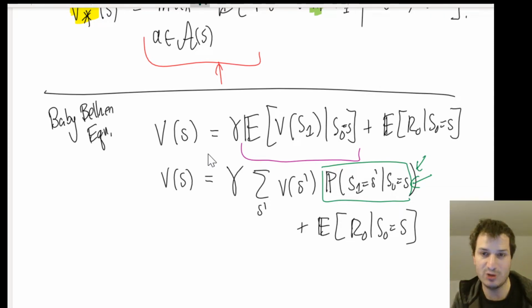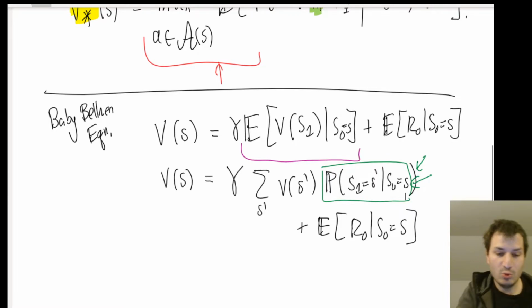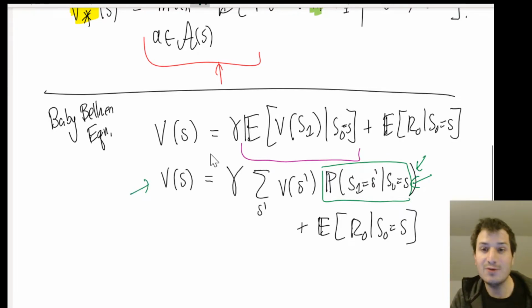That's the transition matrix of the Markov chain. So we're doing a matrix-vector multiplication with the function V, if you think of it as a vector.